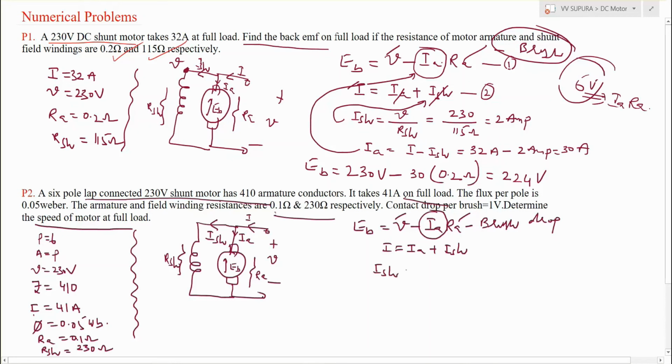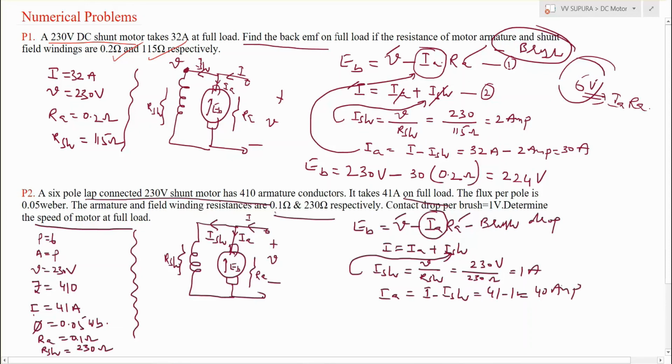Now ISH can be calculated with supply voltage by RSH, 230 volts by 230 ohms, it will be 1 ampere. Now if I substitute ISH here, I can calculate IA as I minus ISH, that is 41 minus 1 is equal to 40 amperes.